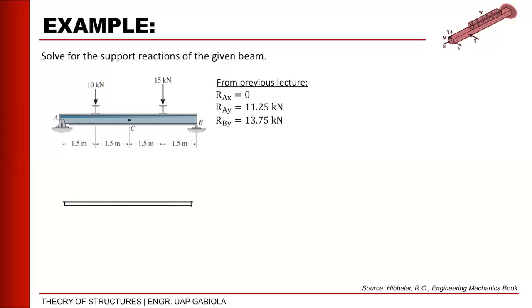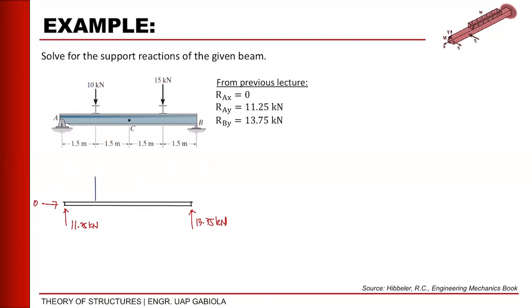And then, yung identified reactions natin. So, ito yung RA natin, 11.25 kilonewton. Ito yung RAX natin, which is 0. And then, we have RBY of 13.75 kilonewton. Okay? And then, we have yung applied reactions natin.